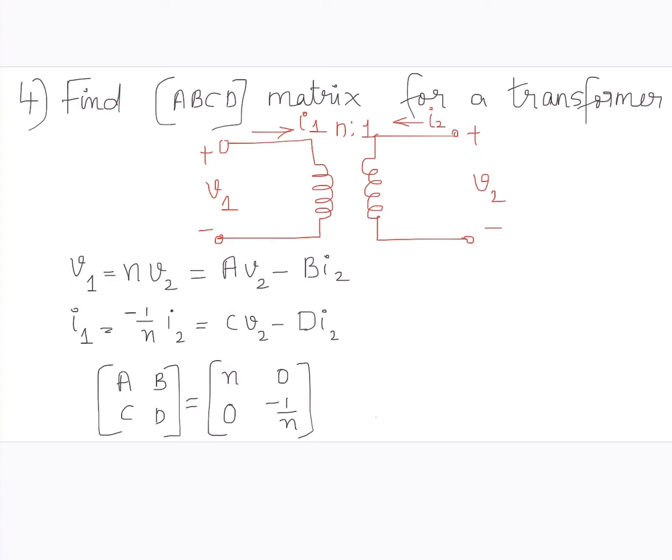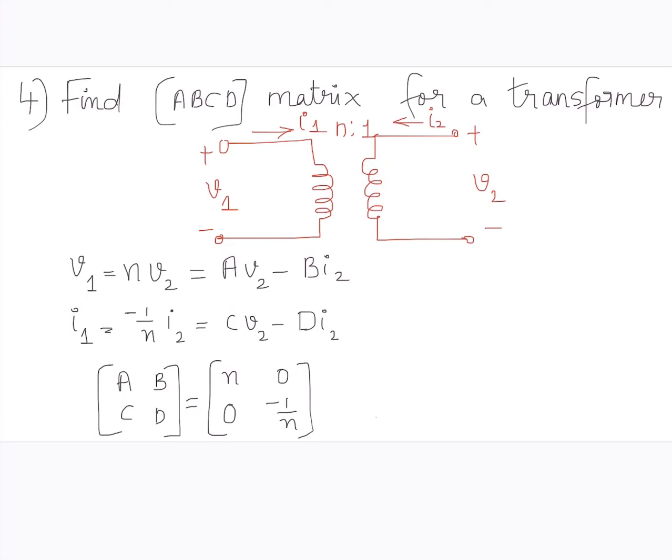So V1 will be equal to N into V2, so that will be equal to A into V2 minus B into I2. Similarly, the current is in the opposite direction and inversely proportional to the voltage, so with the number of turns it should be inversely proportional.